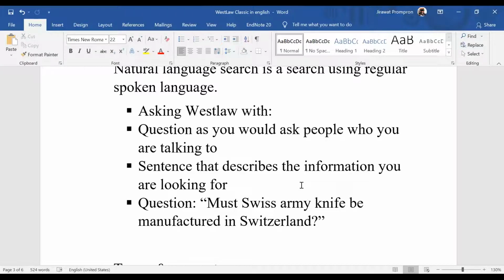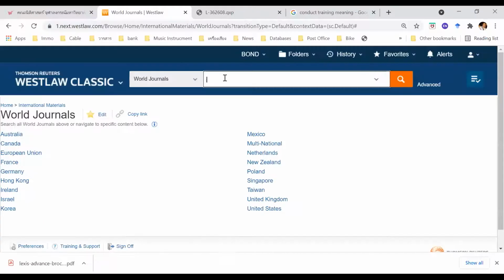If I manufacture this kind of knife in Thailand, can I use the words Swiss Army knife? Can I or can't I? Do I infringe or break the law? So you just start with this kind of question. I just copy this kind of question and place it in the search box.